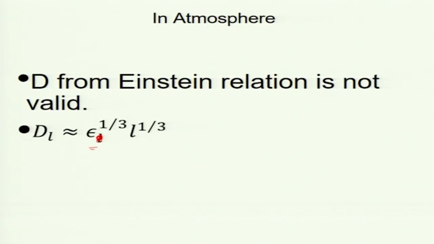That kind of energy supply to the atmospheric gas is where epsilon comes in, and so this diffusion coefficient is a function of L, the size of the vortex. It is not constant like the Einstein relation, which has one diffusion coefficient. It turns out the diffusion coefficient will change with L.